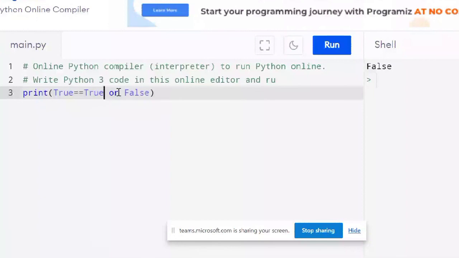And what about this? False. So ended with false means obviously that becomes false now, right? So there is no doubt in it.